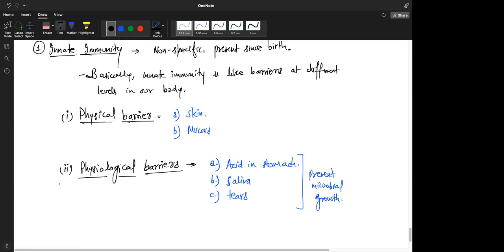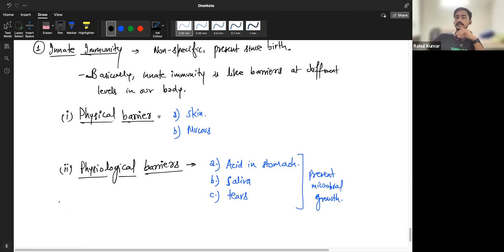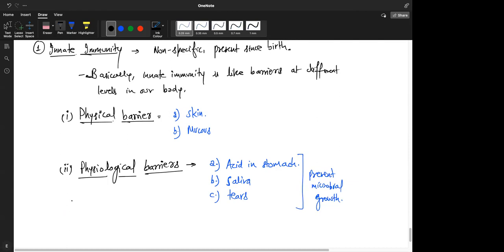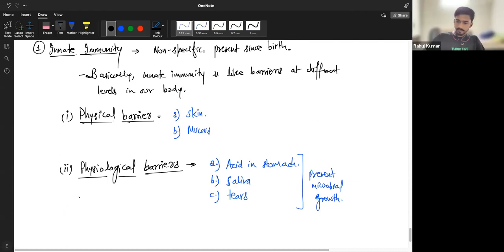The sweat from the skin can be good, sir. Sweat, actually, if you look at it, is more of a mechanism to excrete. It's an excretory mechanism more than a defense mechanism. Sweat excretes certain things which the body does not need, for example excess salt and some water to cool down the surface temperature.